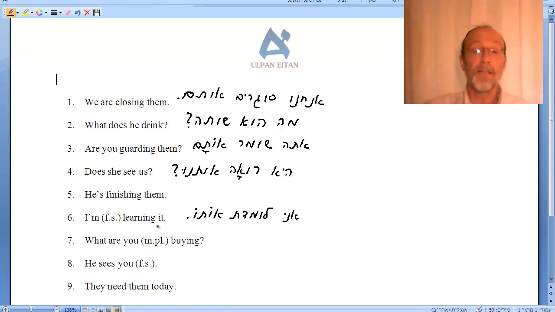And in this context, in this sentence, I'm clearly using it for meaning "it." We're going to learn that there's going to be a feminine "it" and a masculine "it." As we already see in the chart, there's oto and ota. But the assumption here is that it's a woman who's learning, but that has nothing to do with whether the "it" is masculine or feminine.